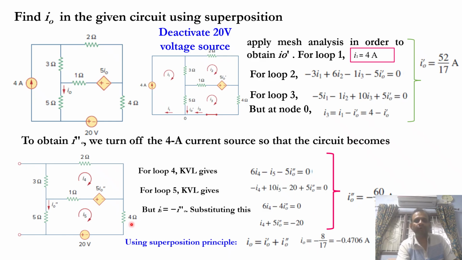How do I get 10? 4 plus 5 is 9, plus 1 is 10. 10 I3 minus 20 plus 5 I0. Total voltage in this loop is 0. KVL. Here also total voltage is 0. So I have the first equation, second equation. Simplifying.